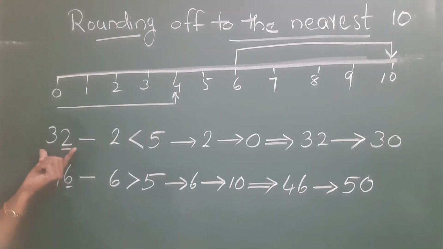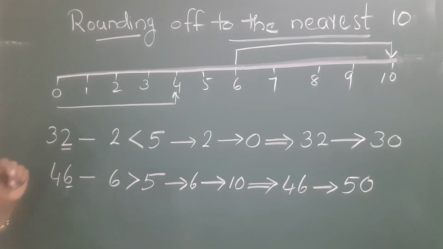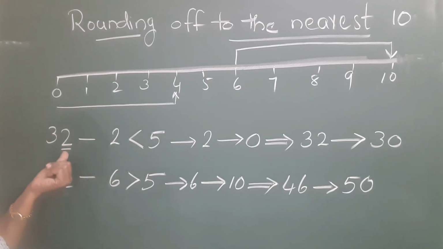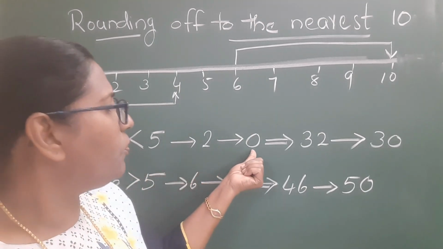Now here I have taken one example, that is 32. This 32 we have to round off to the nearest 10. We have to see first which digit is in the ones place. That is what we have to round off. In 32, 2 is in the ones place. 2 is less than 5, so 2 round off to 0.